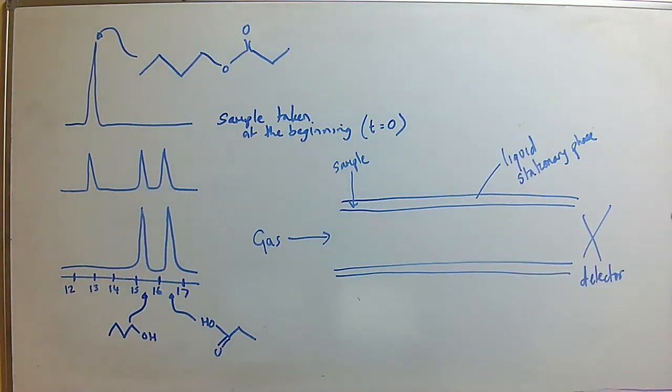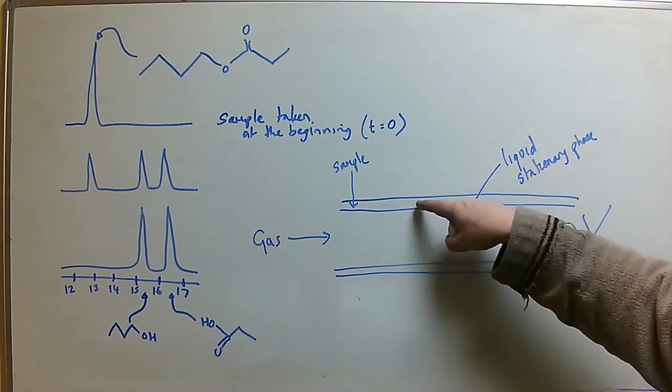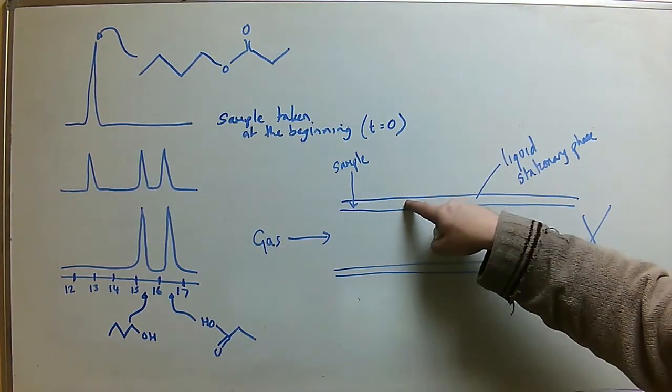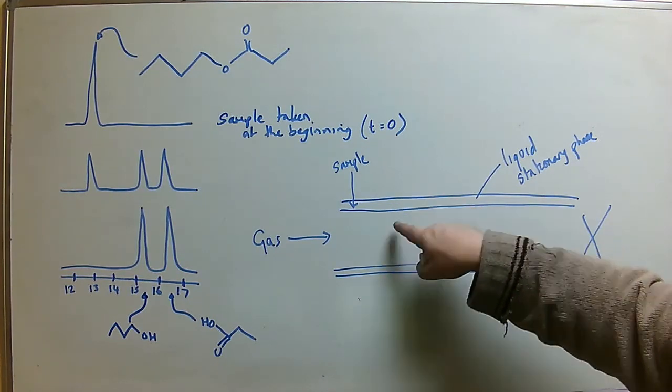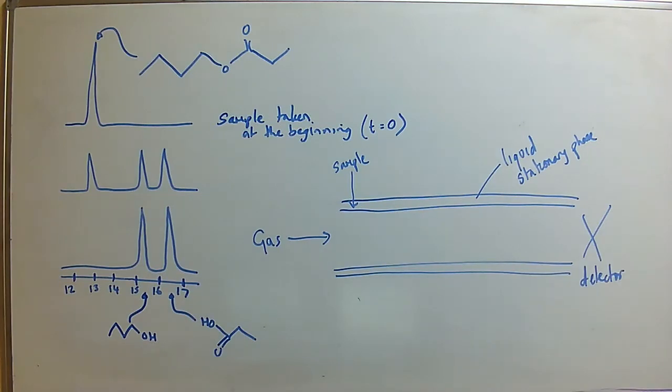So the bottom line is that the more soluble a substance is in the stationary phase, the more time it will spend in the liquid. You know, common sense tells you that. The more soluble it is in the stationary phase, the longer it spends stuck in the stationary liquid rather than being carried along in the gas.